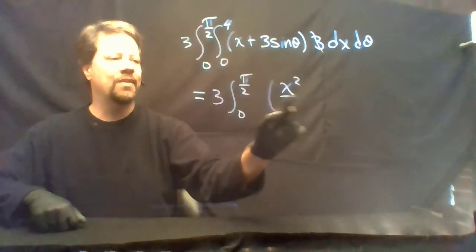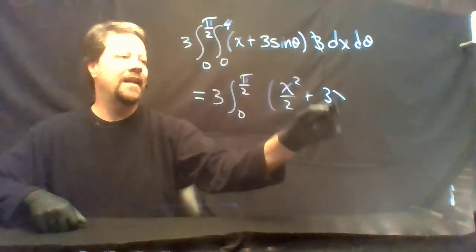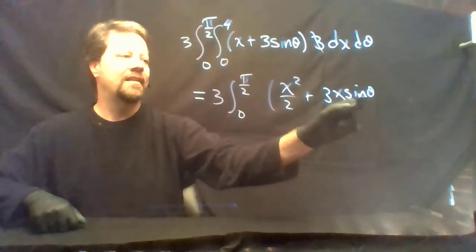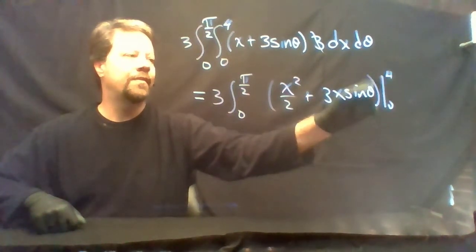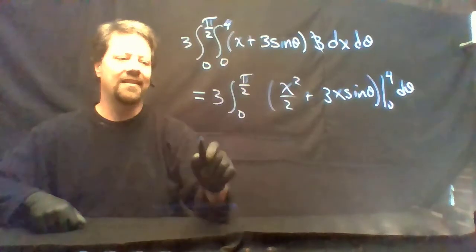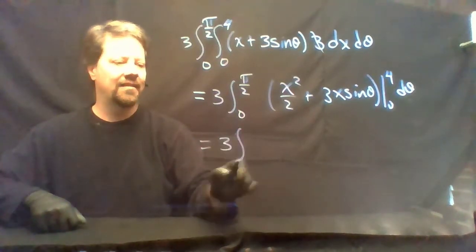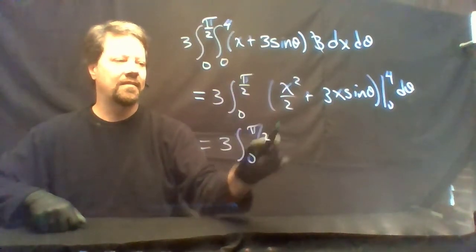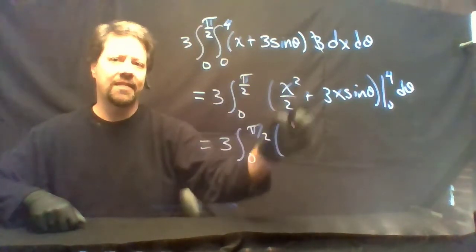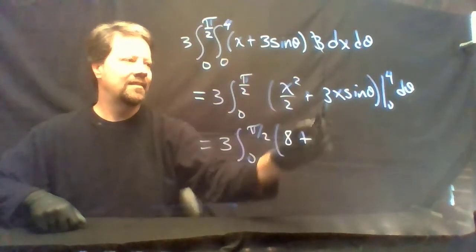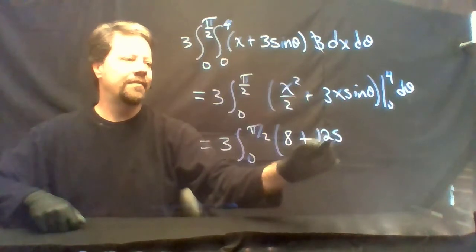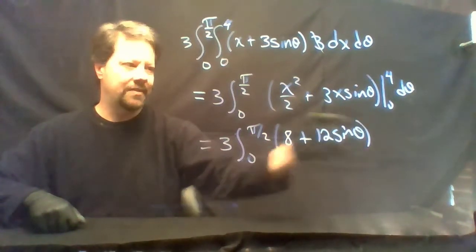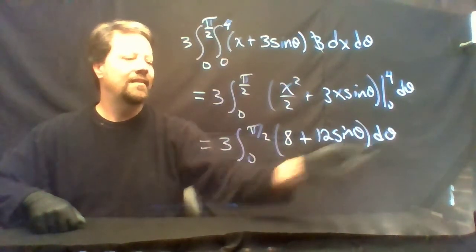We'll have x squared over 2 plus 3x sine theta, evaluated from 0 to 4, d theta. We'll have 16 divided by 2 is 8, plus 12 sine theta minus 0, d theta.